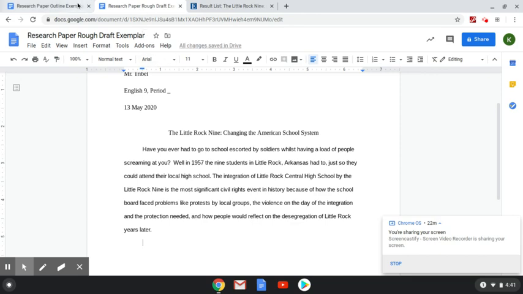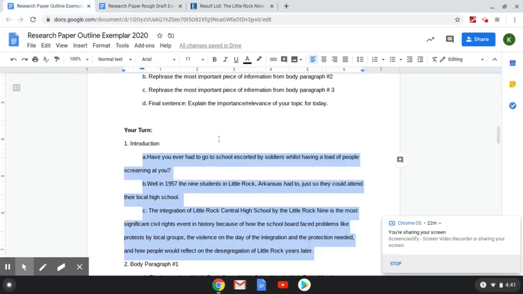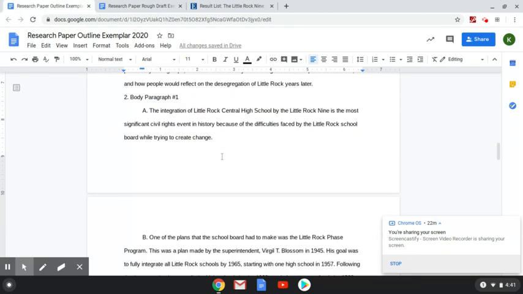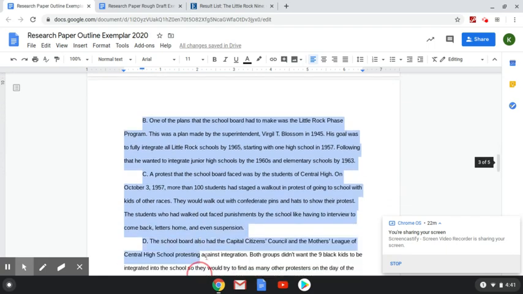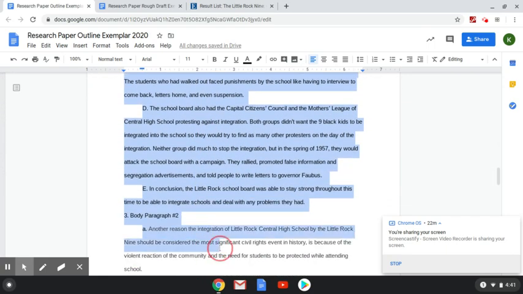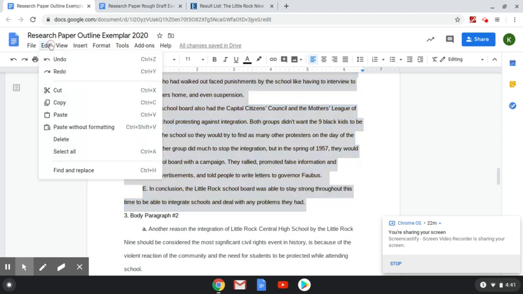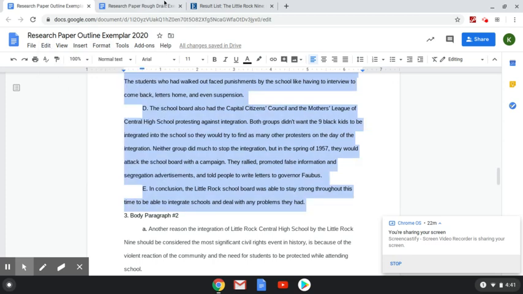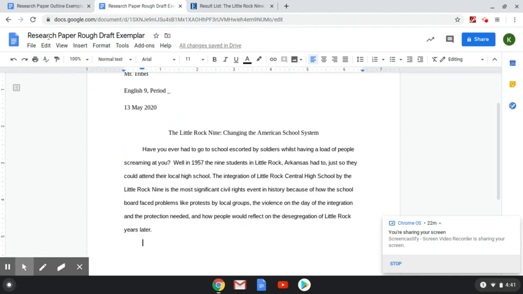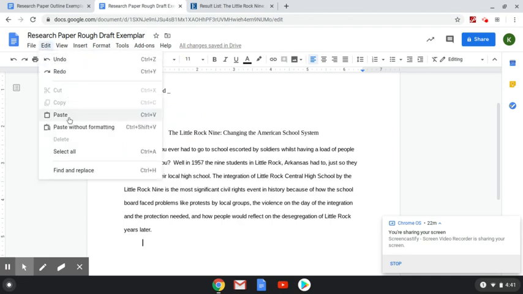And now we're realigned. So we go back to our outline. And again, we're copying. We're going to paste.